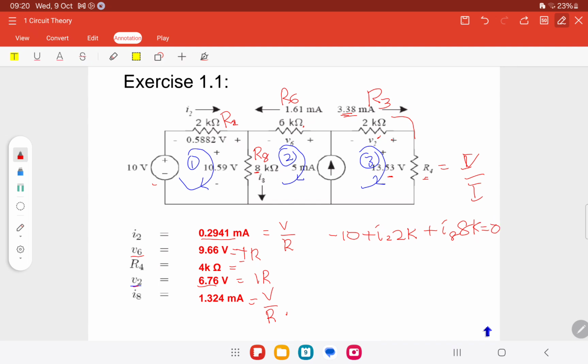This one ni datang dari mana? KVL for loop mana? Loop 1. Loop 1.